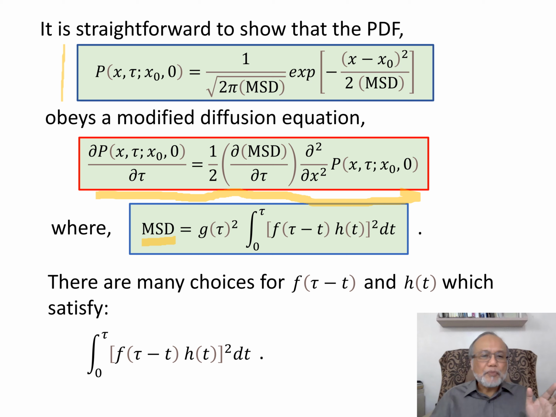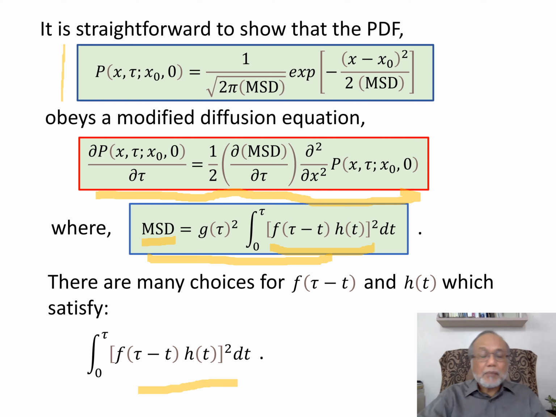That's your empirical MSD. Now you have to match that empirical mean square displacement with your theoretical MSD, and that would help you determine the form of your g, f, and h. So the only crucial part is really f and h, which should be integrable and satisfy this integration.